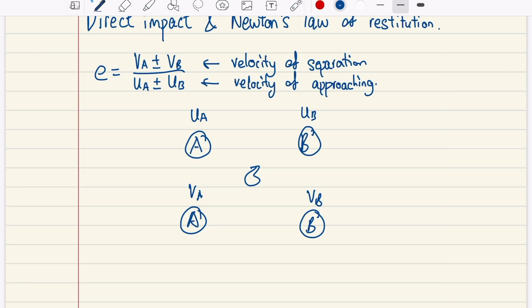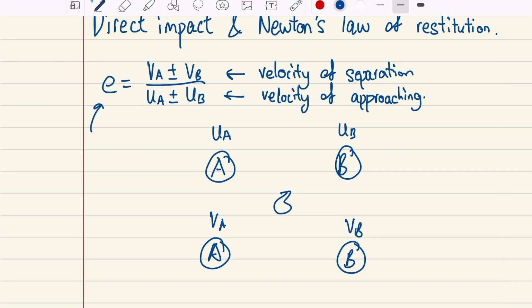As you can see here, I didn't draw the direction out because the direction of the particles moving will actually affect the plus and minus sign in the equation. The e in the equation is actually the coefficient of restitution, or we can call it the elasticity of collisions.